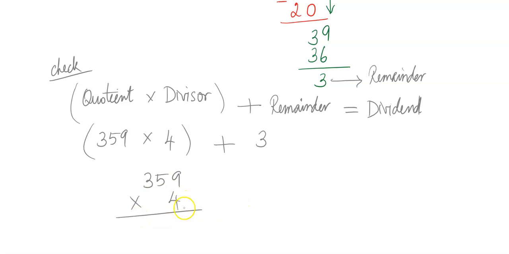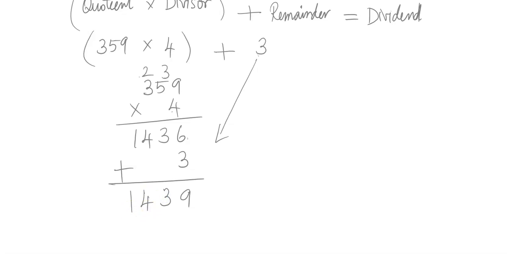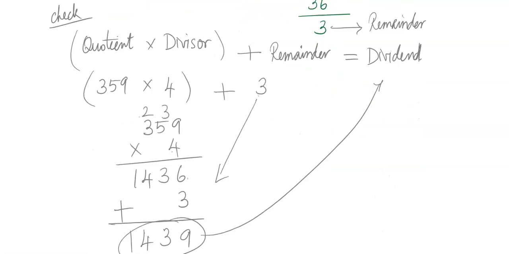Let's do that. 9 times 4, 36. 5 times 4 is 20, 23. 4 times 3, 12, 13, 14. So we got that, plus the remainder 3, 6 plus 3, 9. So 1439. Now this is what we have as the dividend. If you go back to our problem, dividend was 1439, that's what we got, 1439.